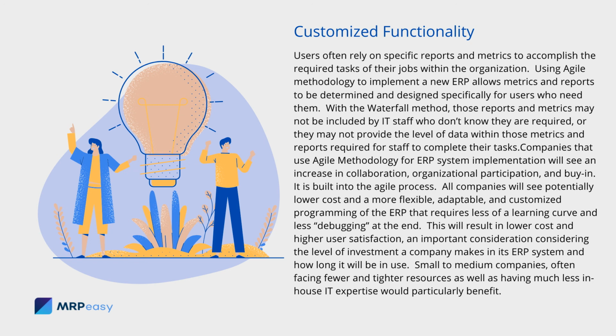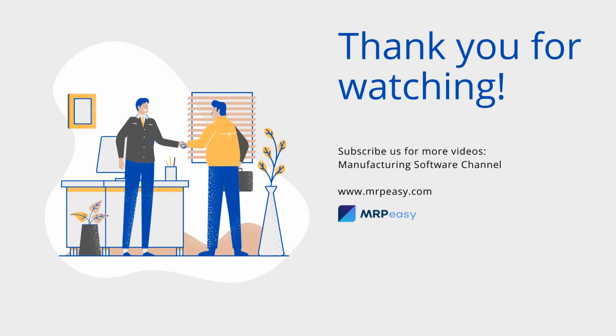This will result in lower cost and higher user satisfaction, an important consideration considering the level of investment a company makes in its ERP system and how long it will be in use. Small to medium companies, often facing fewer and tighter resources, as well as having much less in-house IT expertise, would particularly benefit.